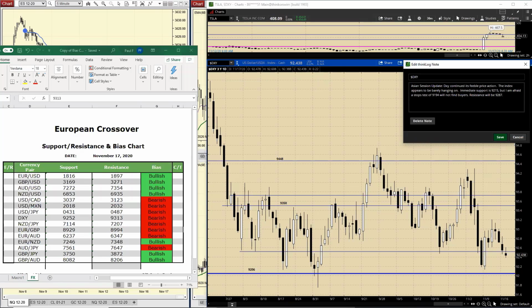Resistance will be 92.87. So immediate support is going to be 92.15. But if we get down to 91.94, I think we hit the stops. There won't be buyers. 92.87.